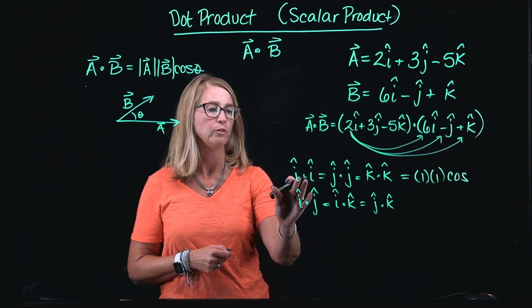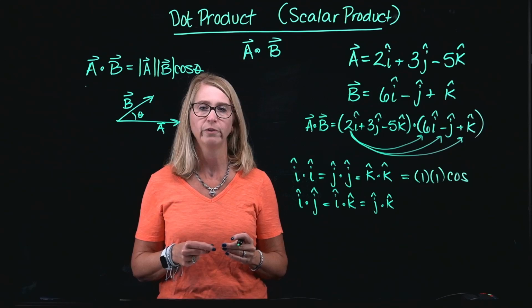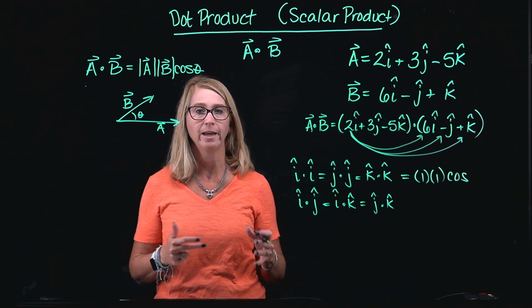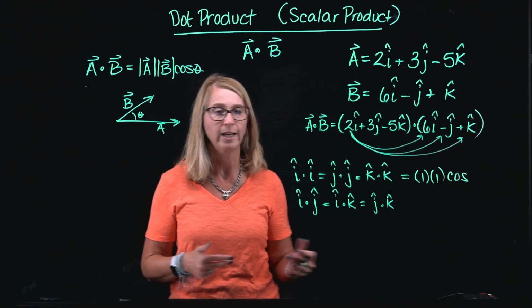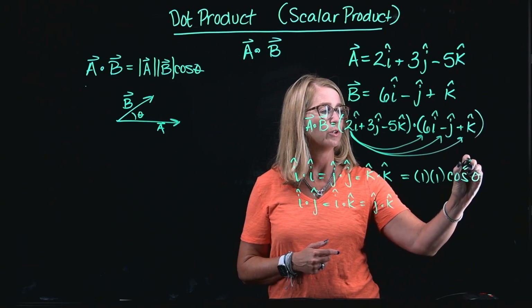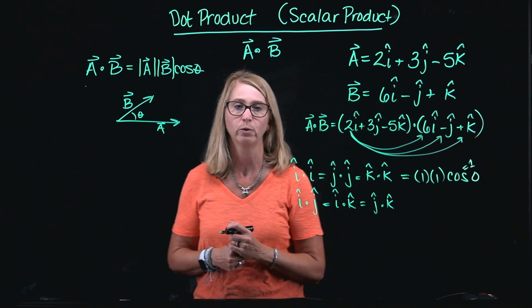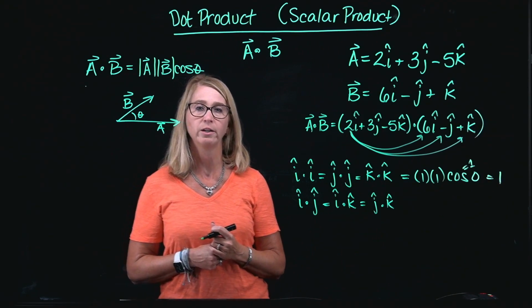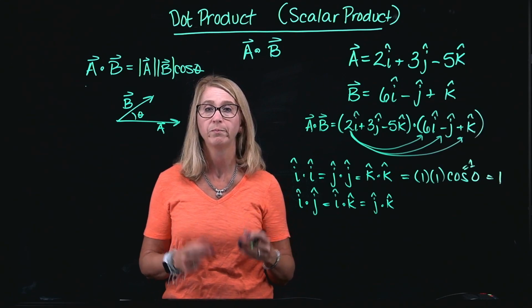Well, in the first line, I'm doing all the unit vectors dotted with themselves. So the angle between i hat and i hat, or j hat and j hat, is just 0. And the cosine of 0 is just equal to 1. So all of these unit vectors dotted with themselves give you 1.